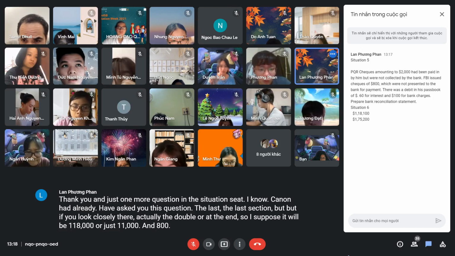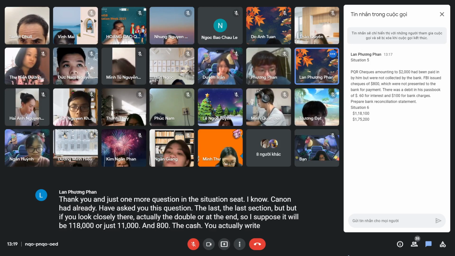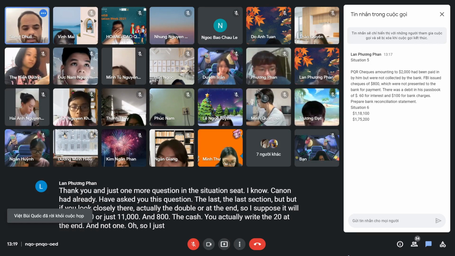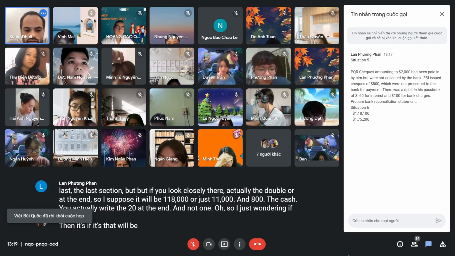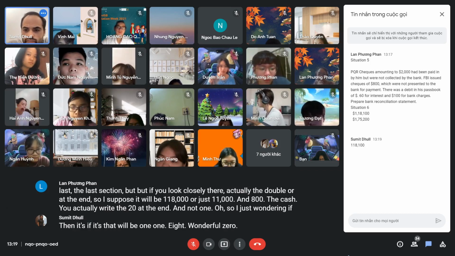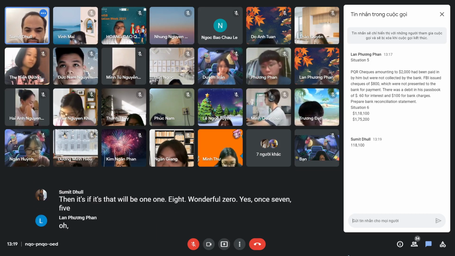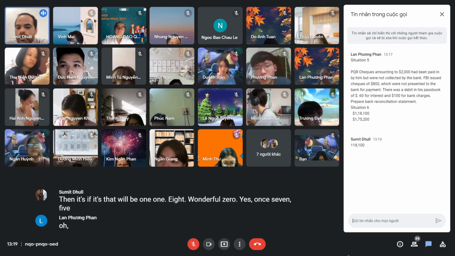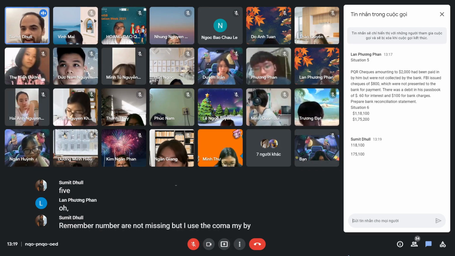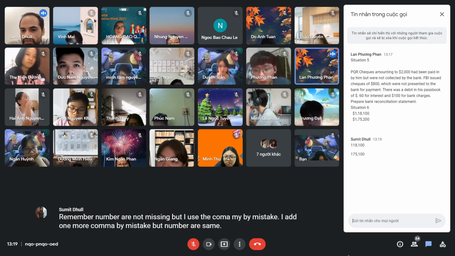For the cash, you actually wrote two O's at the end and not one O. So I was wondering if it will be 118,100. Yes, oh, 175. Remember, the numbers are not missing, but I used the comma by mistake. I added one more comma by mistake, but the numbers are the same, right? Thank you. Yeah.